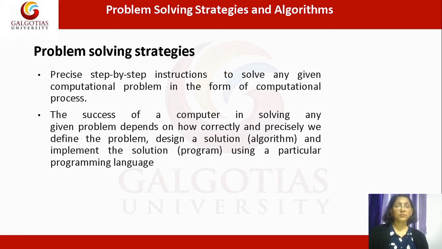The success of a computer in solving any given computational problem depends on how correctly and precisely we define the problem, design a solution which is termed as algorithm, and implement the solution which is termed as program using a particular programming language.